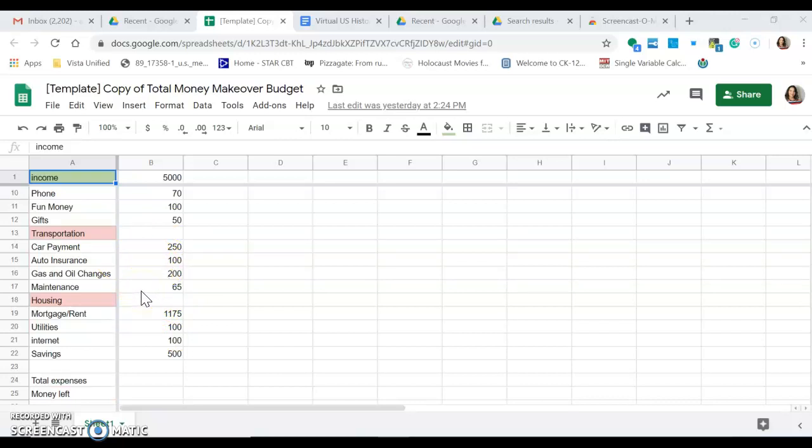You may need to change things. Like you may need to change your car payment if you decided to have a different car after our loan project. You may have chosen an electric car and now you've gotten rid of gas and oil changes. So this would be zero if you got an electric car. Maintenance on your car would probably be zero if you got an electric car like a Tesla.